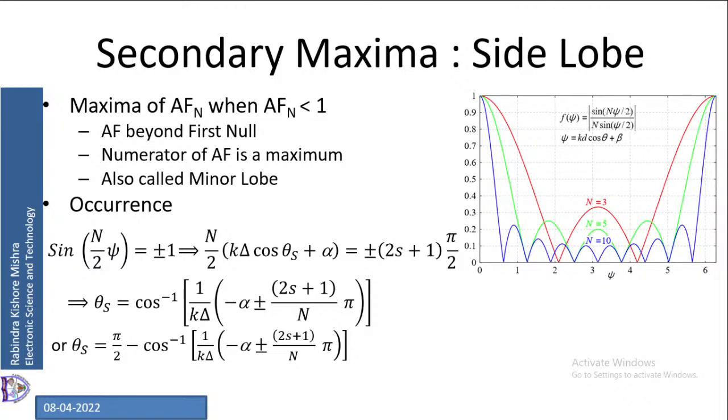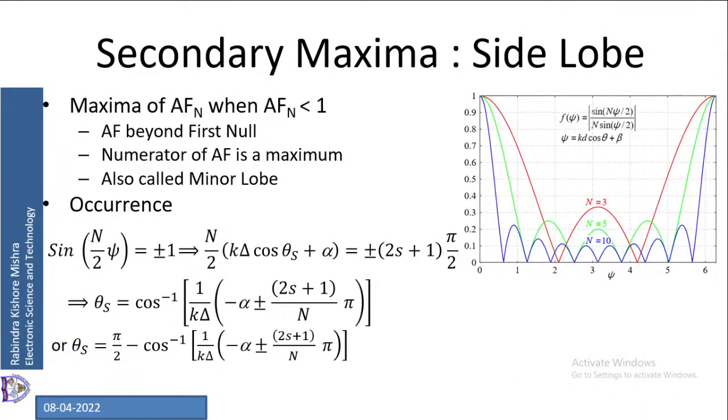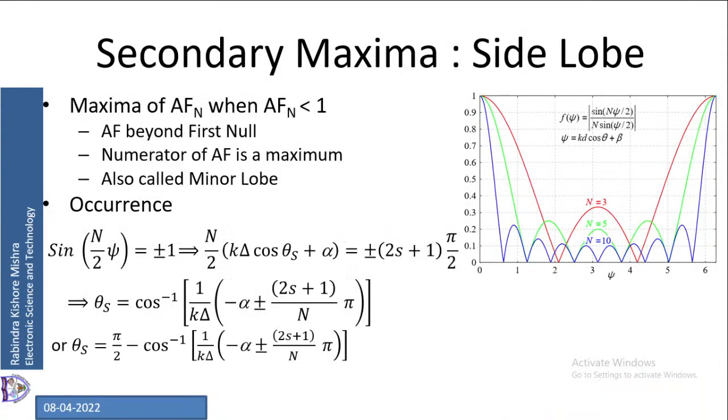You can rewrite it in this manner: theta s is equal to pi by 2 minus cos inverse 1 by k delta into minus alpha plus minus 2s plus 1 by n into pi.